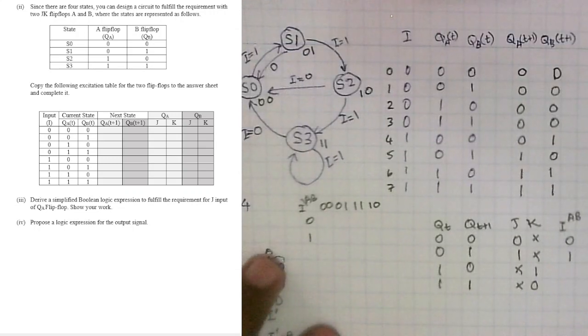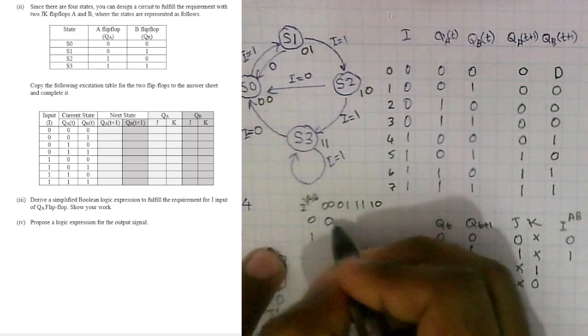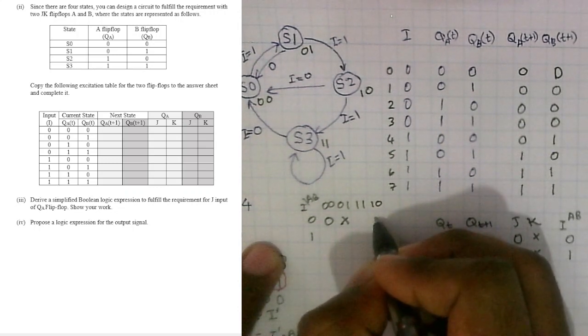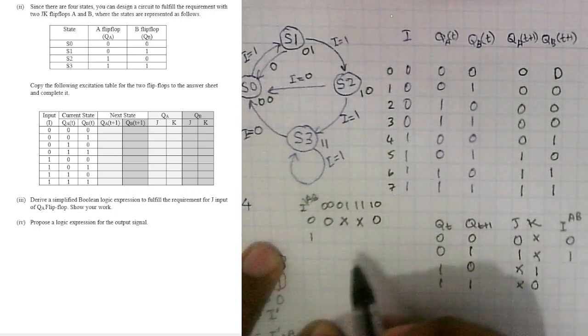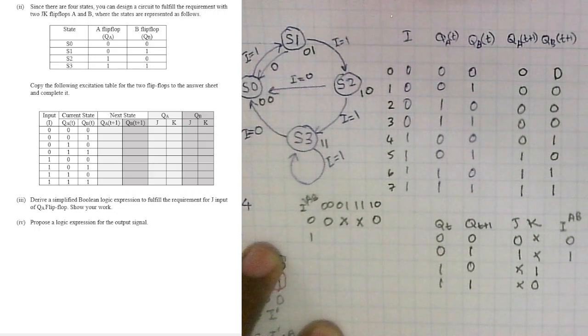Okay. So let me copy it. 0 x, 0 x. I hope you know the order, right? Let me write the order also if somebody is not familiar with it.